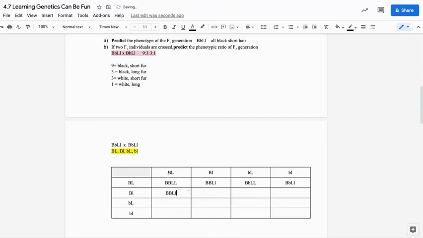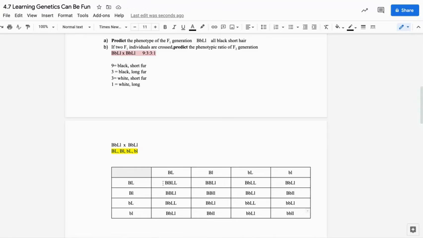You see how I'm doing this, right? Big B and big L would fuse with big B and little l to give me this combination. Big B with big B and little l with little l. And there's that 1 in 16 shot of getting the recessive trait.